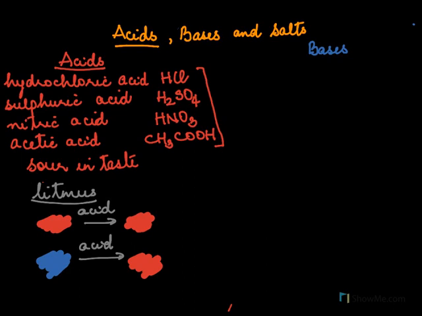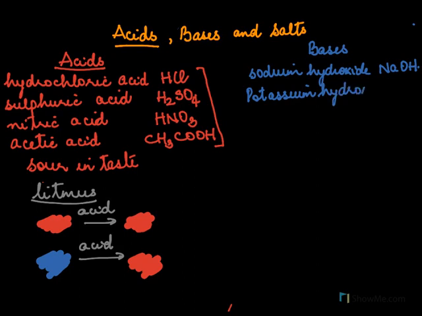Now for some examples of bases, sodium hydroxide is a base, and we write it as NaOH. Then we have potassium hydroxide, also a base, and we write that as KOH.